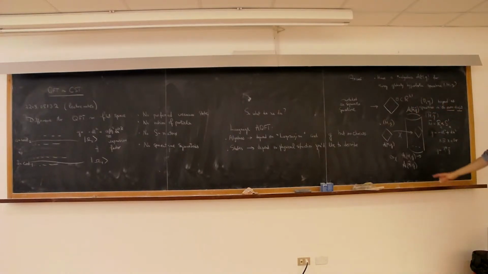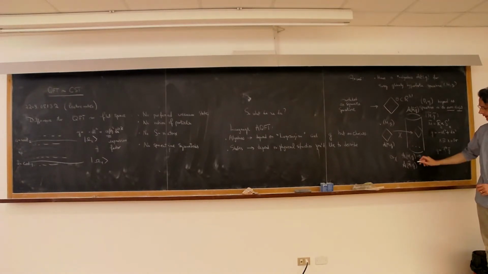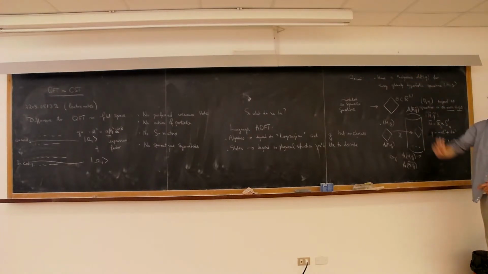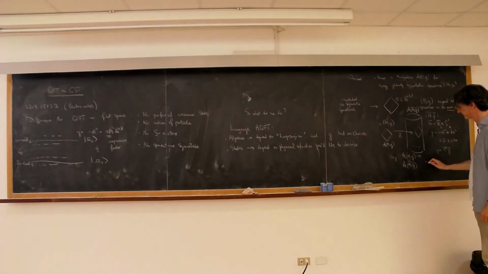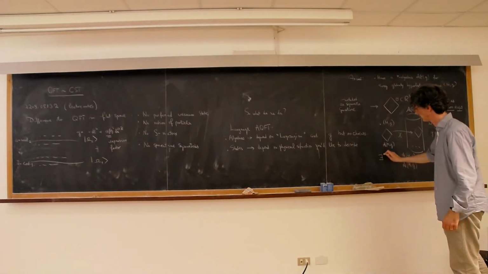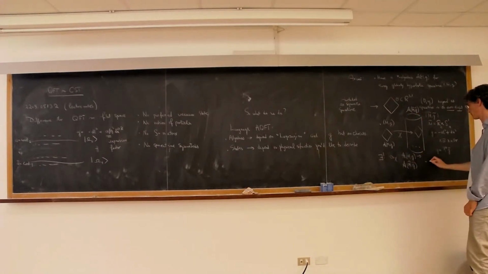You want to say that this is inside this one, or that it has the same relations. For algebras, it means that this is a homomorphism. A homomorphism is something that preserves the product. And in fact, since we always have a star, it should also preserve the star. So this should be a star homomorphism. So we require that we have that.